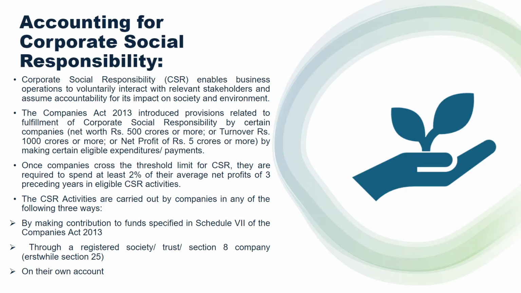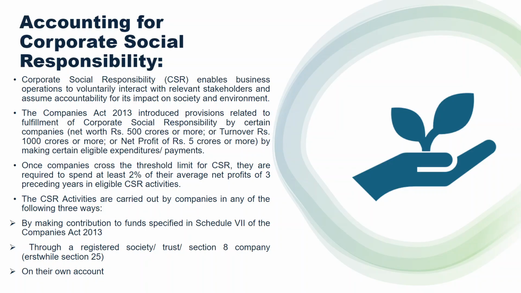According to the Companies Act 2013, companies that have crossed the threshold limit have to conduct CSR activities in these 3 ways. Number 1, by making contributions to funds specified in Schedule 7 of the Companies Act.